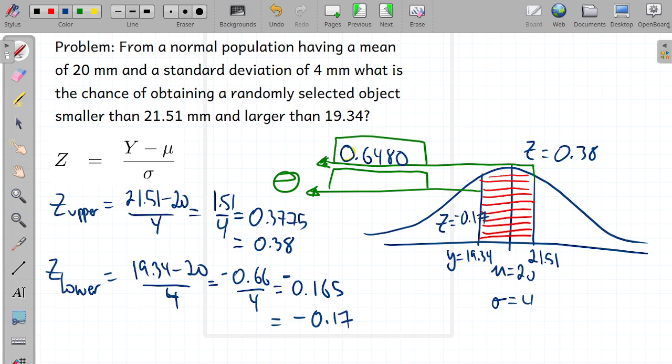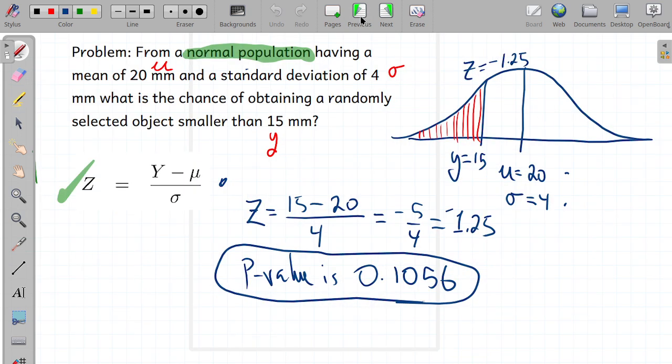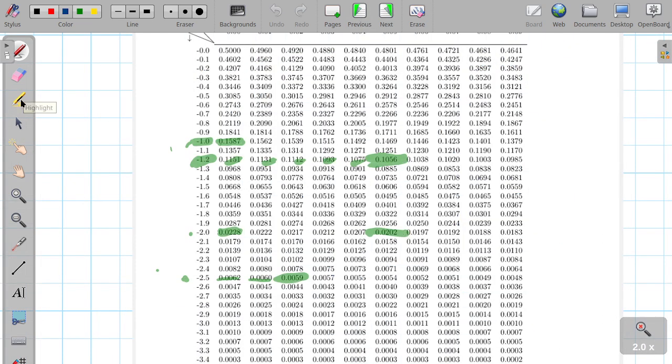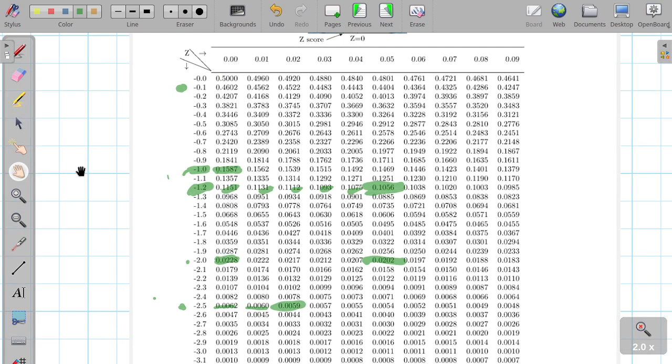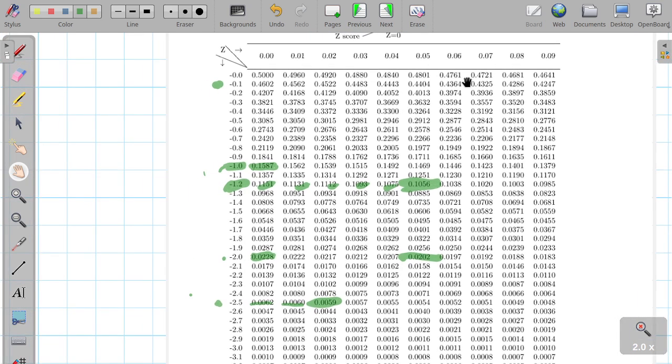Now let's go and look that up. Back to the highlighter. Negative is there, 0.1. So this row, this column, 4325. Looks like 4325 to me, right there.